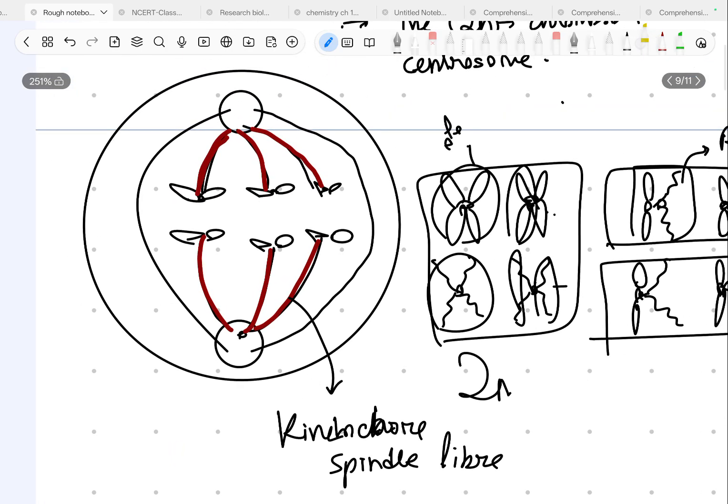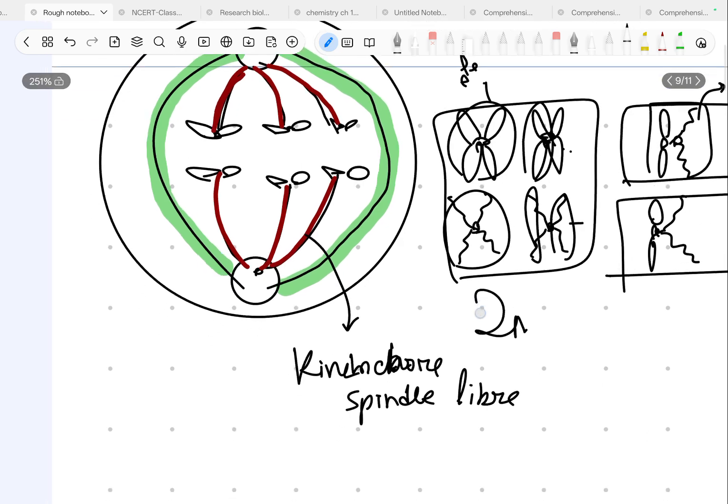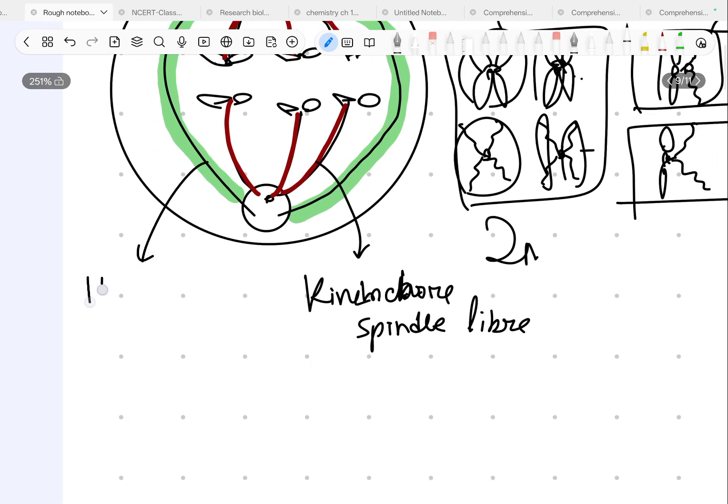But the green color part I am labeling is the non-kinetochore spindle fiber.